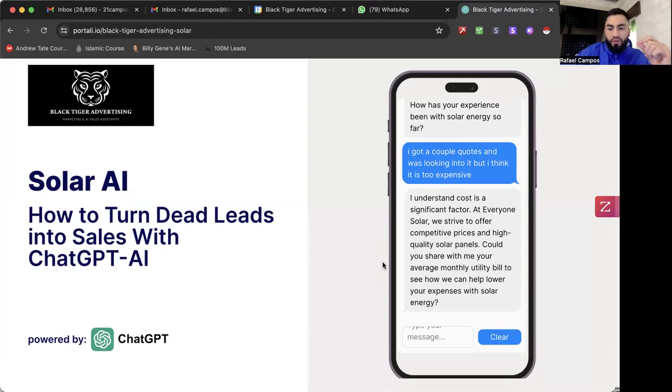Could you share with me your average monthly utility bill to see how we can help lower your expenses with solar energy? Okay, so as we can see, it understood the message, it understood the objection, it took the objection, it validated it, and then transitioned into asking a qualifying question to move the conversation forward.